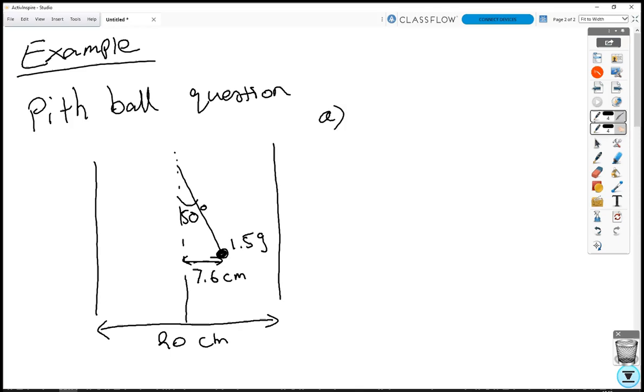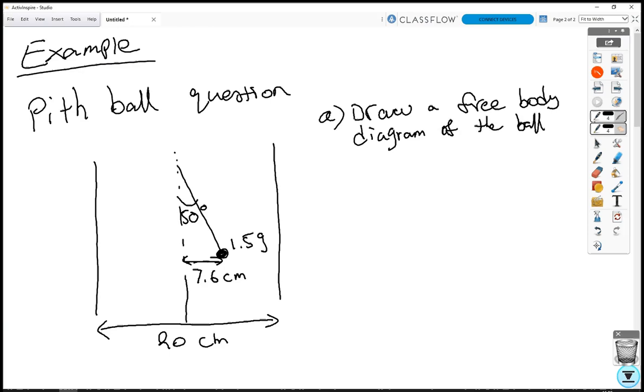So the question will ask you, A, to draw a free body diagram of the ball. Part B is to find the tension.